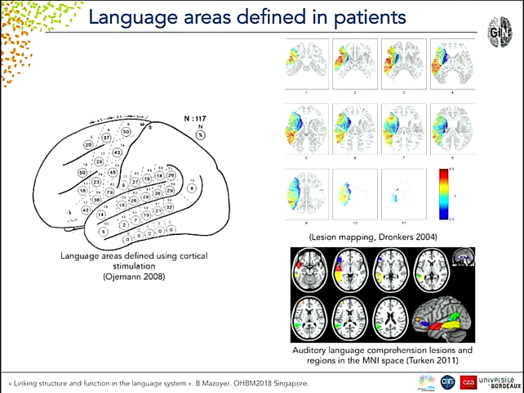Interestingly, a paper by Turken and Dronkers years ago showed that by mapping this language area through lesions, you can actually recover some of the language network. And for my talk, we really focus on this network aspect, because in the previous talk, I thought we focused on specific areas in the cortex that were connected regions.